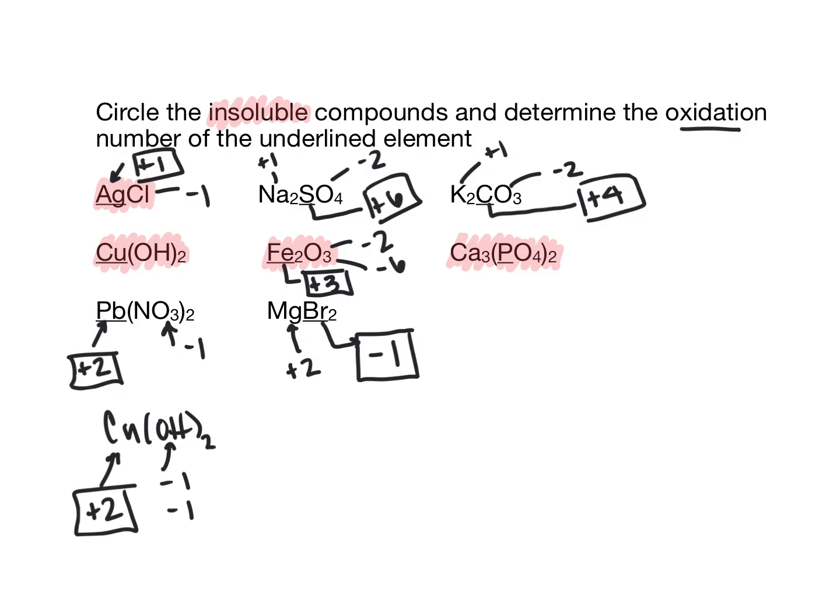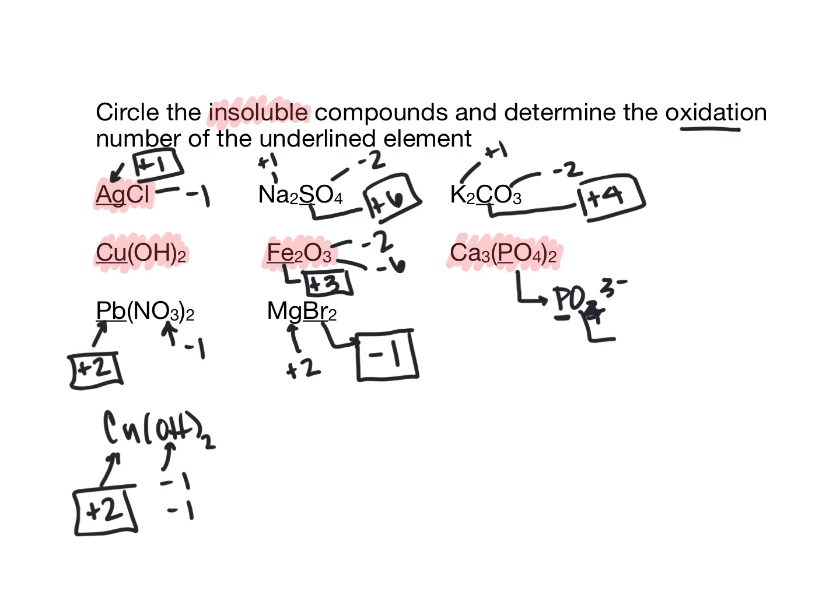Now we're going to look at the calcium phosphate. Just like we did with lead nitrate, we're going to take the phosphate ion out. So we know that the phosphate has to add up to -3, and we're just looking for the phosphorus here. The calcium is not necessarily a part of this.